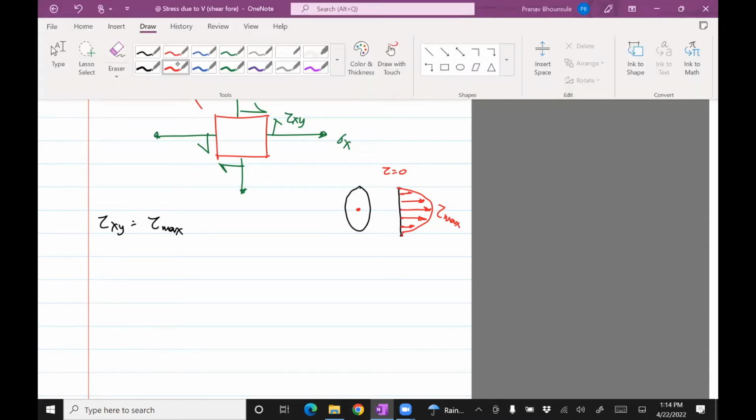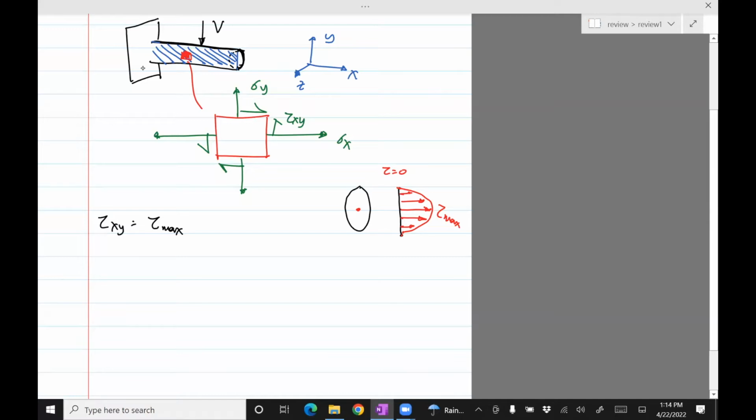So what we do here is, tau max is 4/3 V divided by A. And this is for a circle. If you have a square, this is for a square or rectangular cross section.